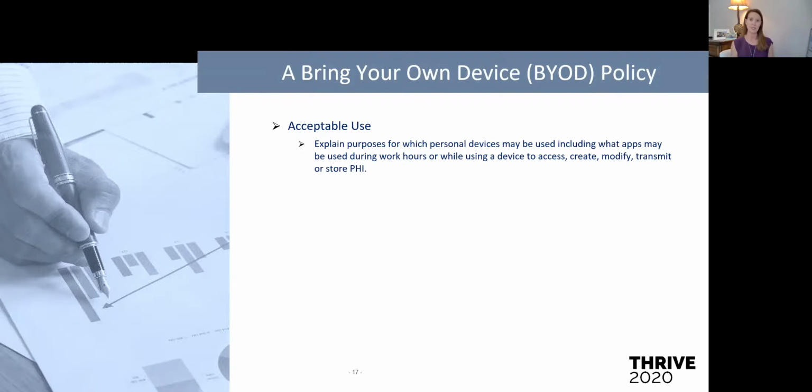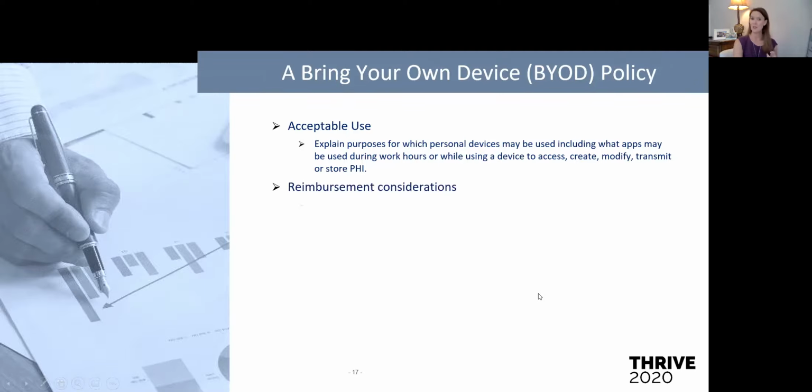When you are allowing an employee to use their own device, you may not know what level of security is in place. And if they want to click a video on Facebook that could download malware, that's a problem, because then that could impact your practice. So you're going to want to make sure that you have outlined acceptable use if they are going to use their own device.